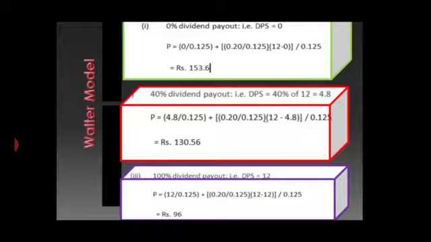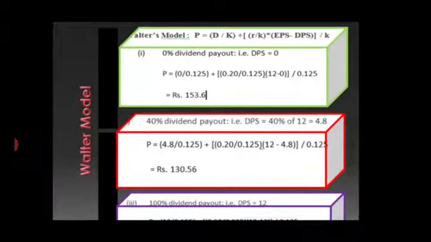So this is the calculation of Walter model. As I have mentioned earlier, R is greater than K. You just see here, what is the R value? Here R value is 20% and K value is 12.5%. It means that the firm is a growing firm. And remember, whenever the firm is a growing firm, the price of share is optimum at 0% dividend payout.